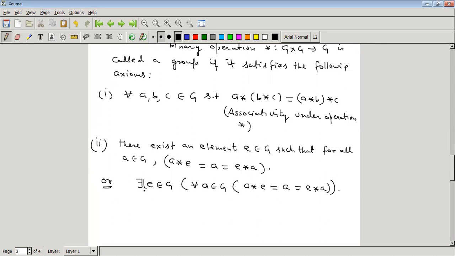So this is the symbol which we use for uniqueness. In the next video lecture, we prove that this e is unique. So right now, I write there is e in G, given any a belongs to G, a star e is equal to a, that is equal to e star a. So this is existence of identity element in G.